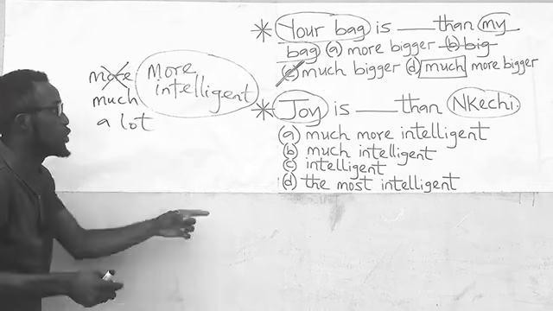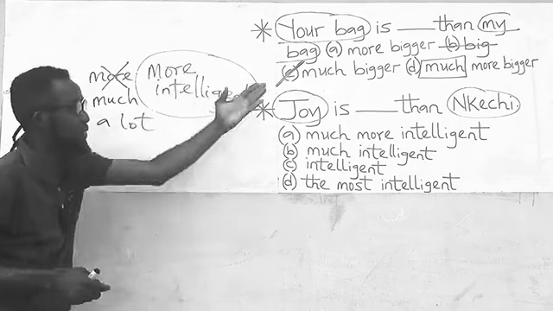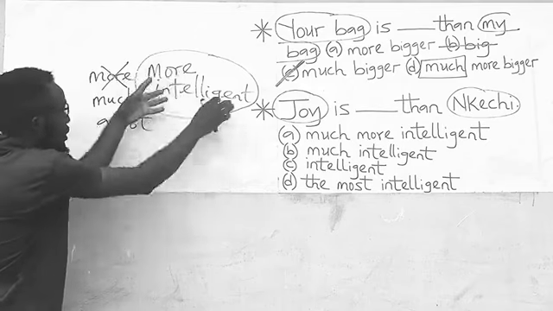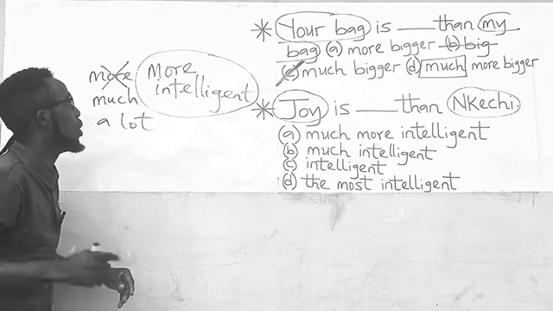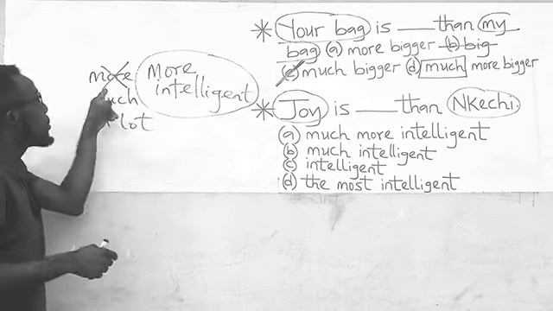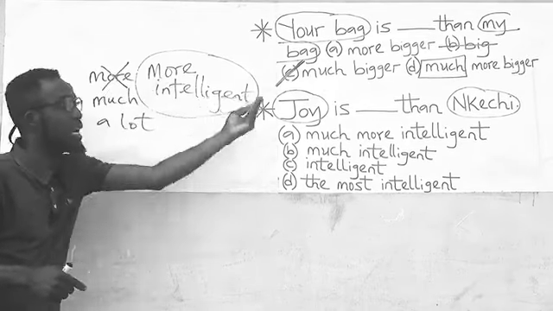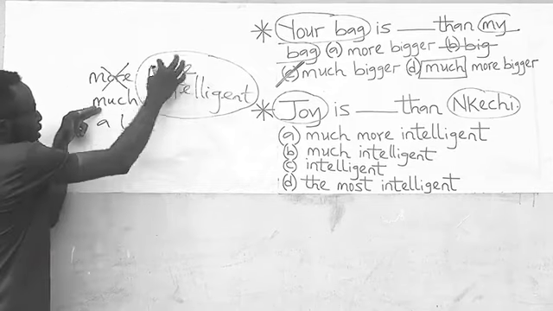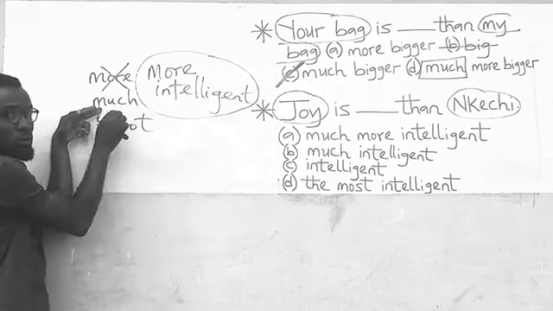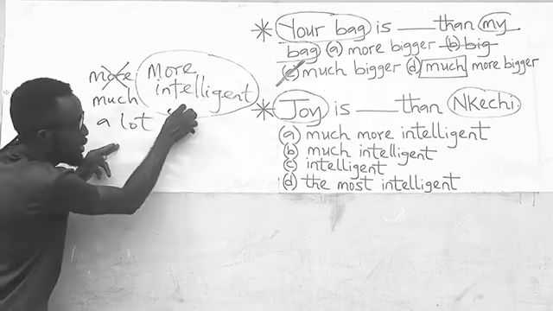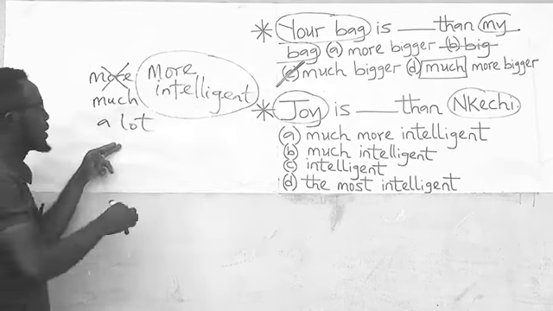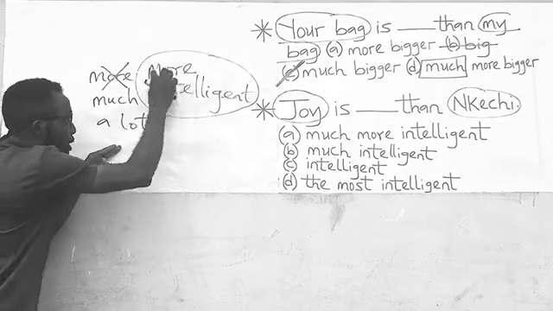So that we can say Joy is more intelligent than Nkechi, that is using the comparative adjective alone in the sentence. Or we can say Joy is much more intelligent than Nkechi, that is preceding the comparative by much. Or we can say Joy is a lot more intelligent than Nkechi, that is preceding the comparative adjective by a lot.